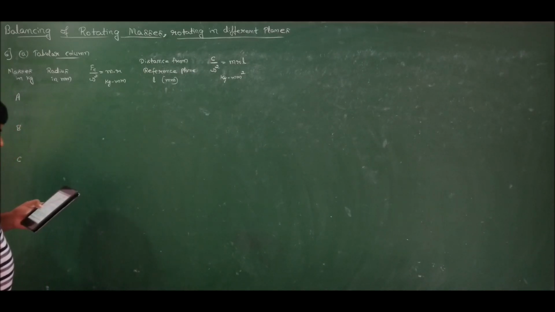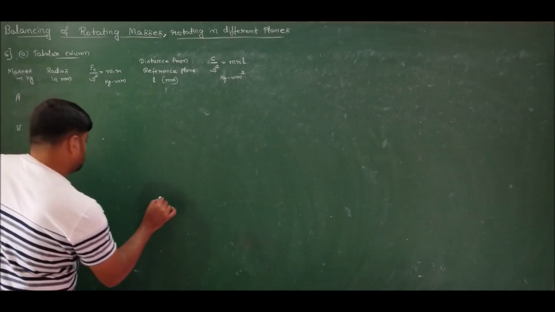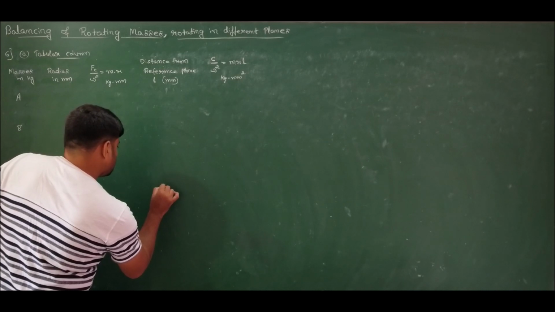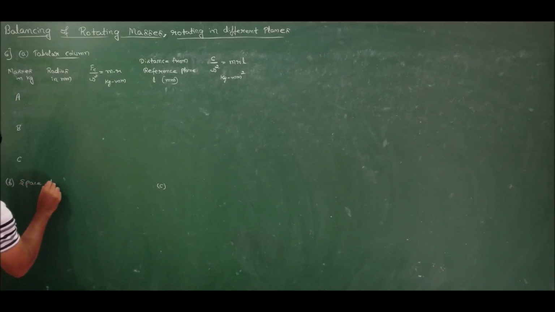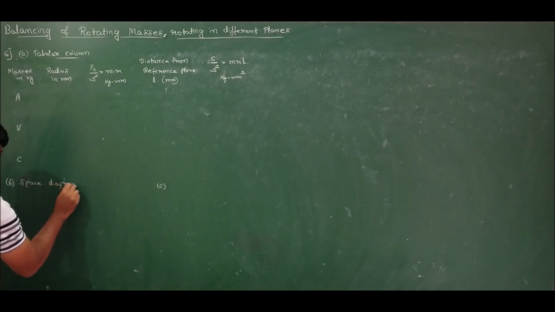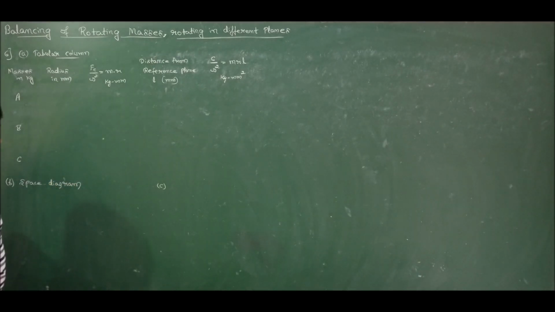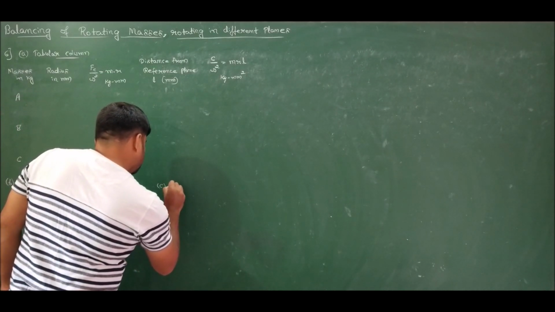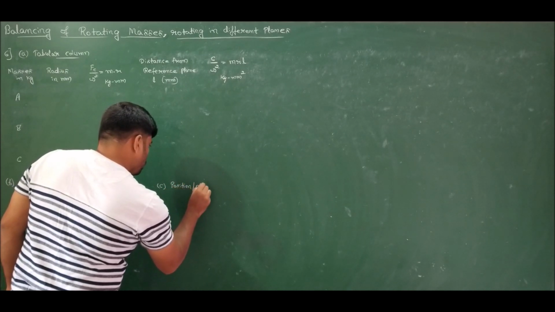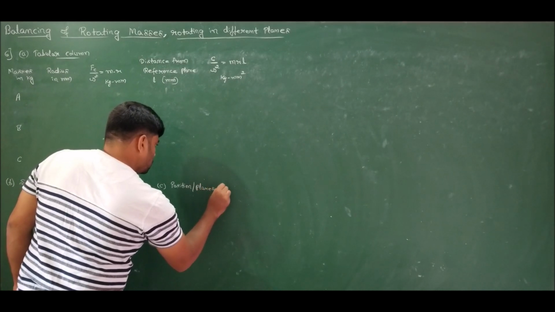The planes B and C are 600 mm apart. Let me draw the planes diagram also. The phase diagram gives us the relative angular position of the masses rotating in different planes, whereas this is the position or planes diagram.